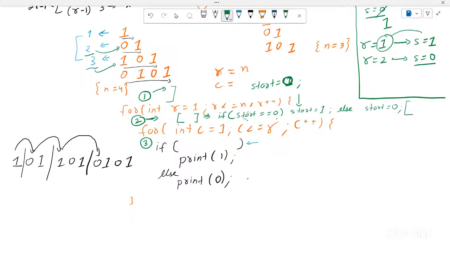So let's take a variable p and initialize it to start. Now, if let's say p is equal to 1, what I have to print? 1. After printing 1, what is the next value you should print?